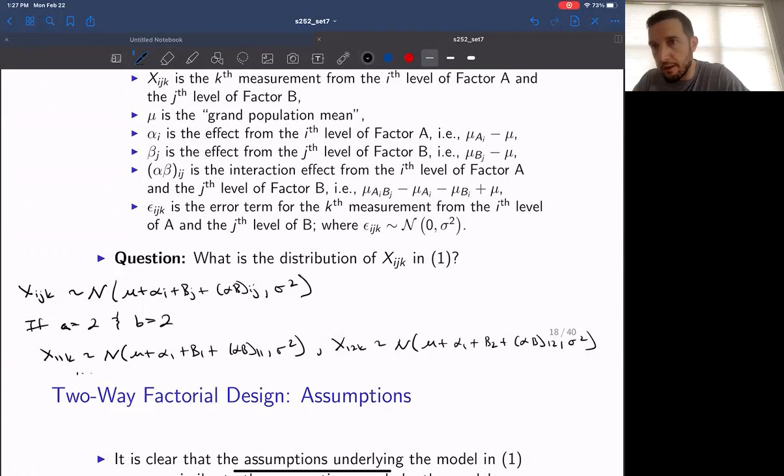They're all normally distributed and have the same variance. So the set of assumptions is pretty much the same as for the one-way ANOVA. We're just considering an extra explanatory variable, which means an extra set of effects on the population mean.